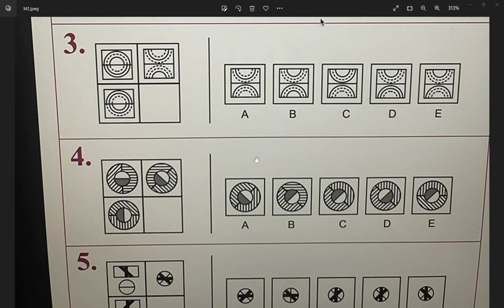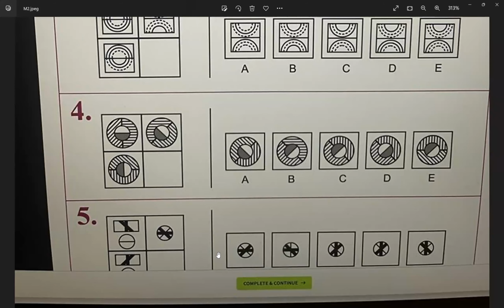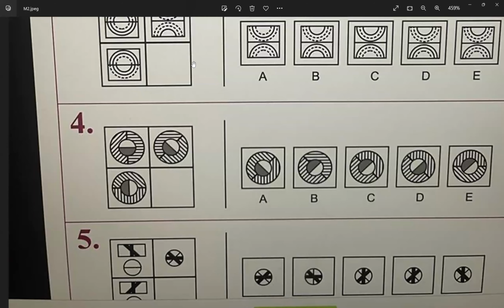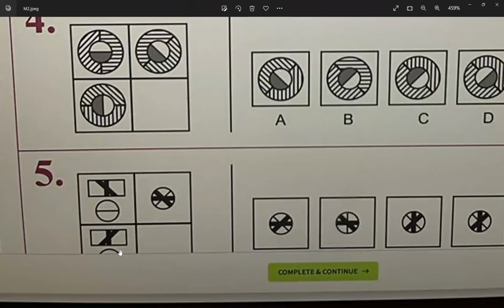Now we can see the fifth question is not complete, so we will move to the next one, okay? Okay. What I assume here is, if I look closely at the shape, it's going to be the same. This one is, I hope, the same as this one.